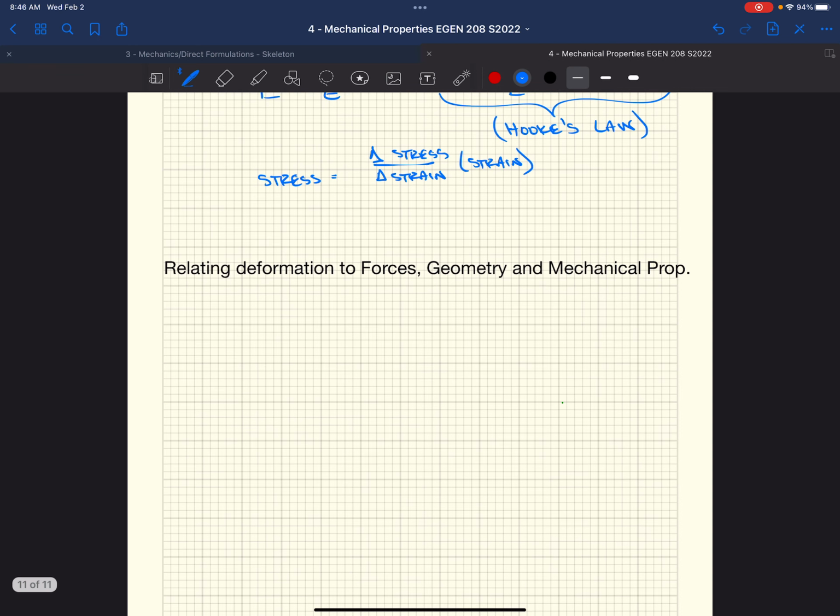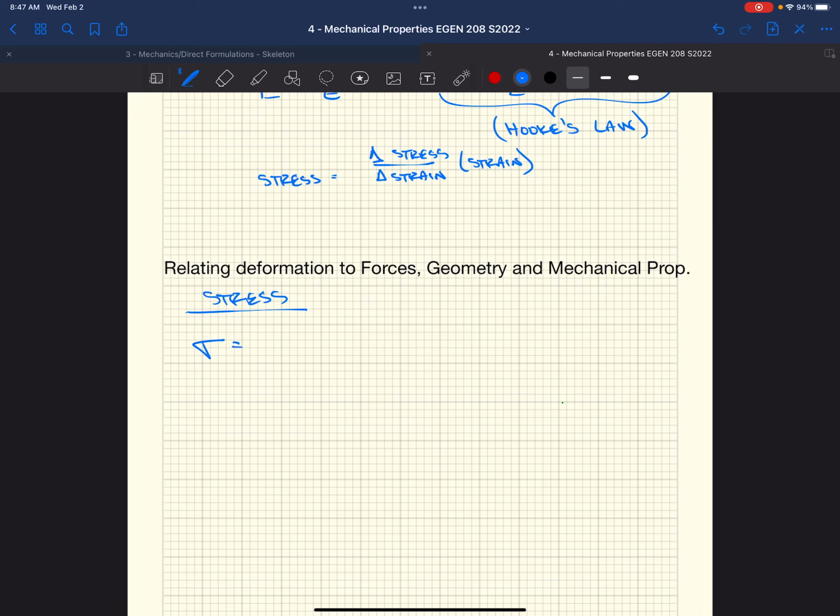All right, save the best for last here. Now that we know Hooke's law, you guys know the definition of strain and the definition of stress. We can take all of those things, put it all together, and we can relate forces to geometry and material properties. What is our basic equation for stress?